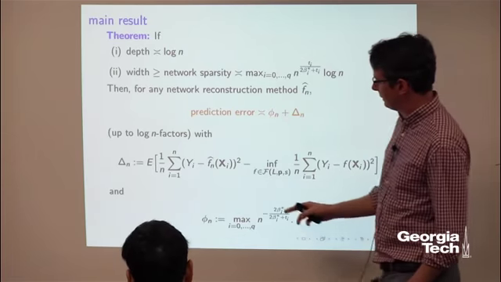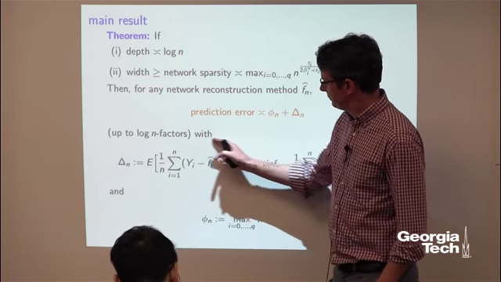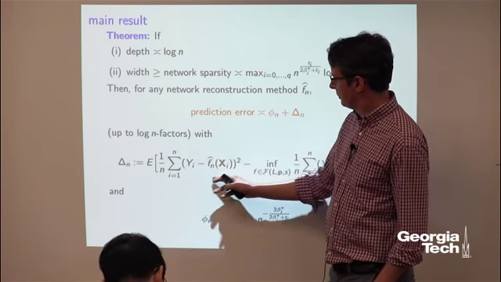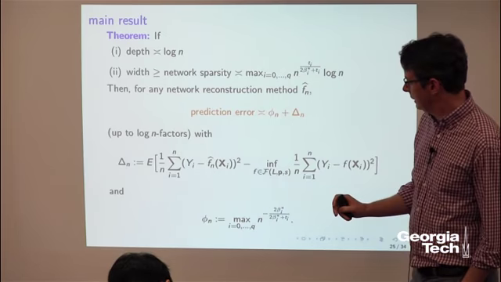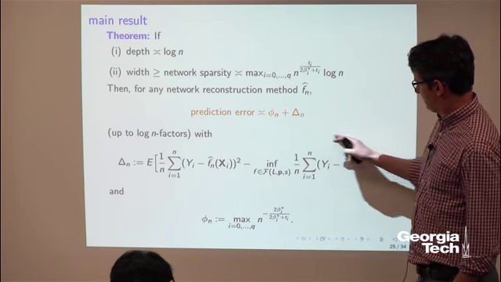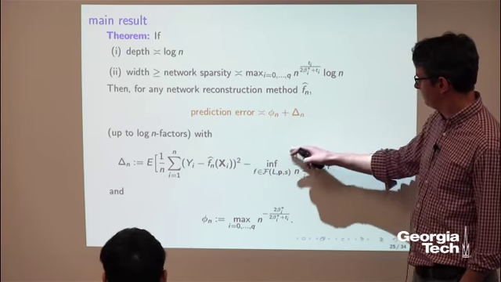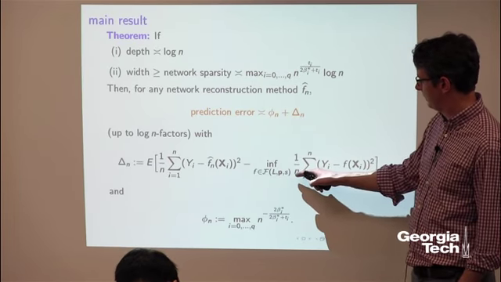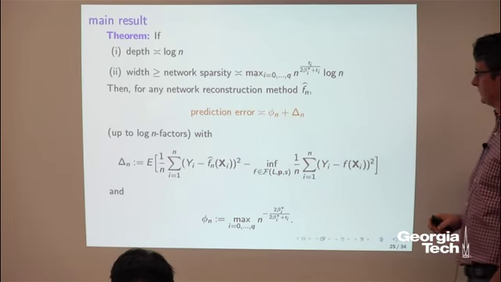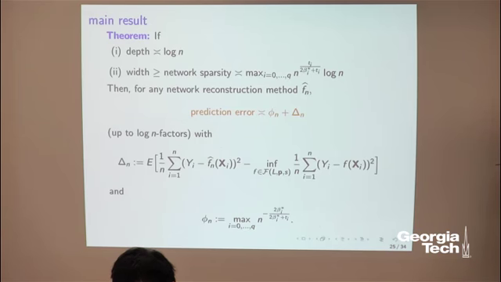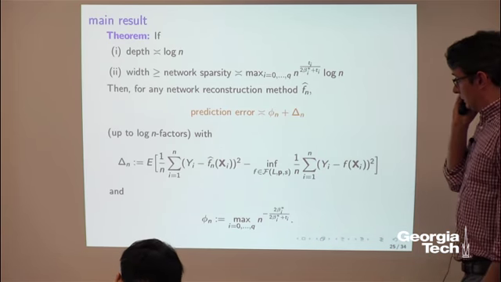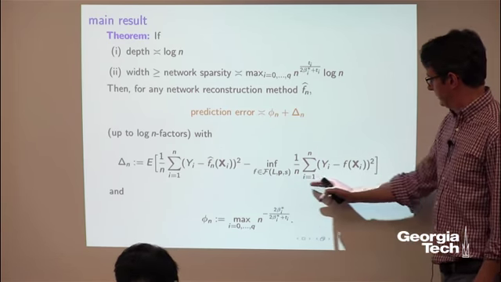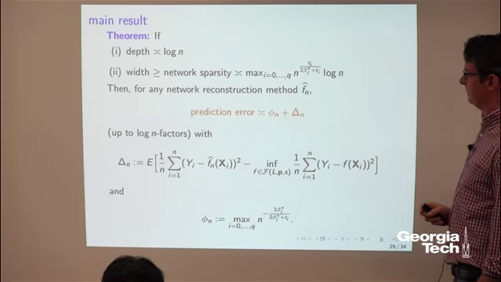Typically, if you do gradient descent methods, you want to make that as small as possible. And this object is the smallest empirical loss that you can have over all networks in the class. So that's the loss that corresponds to the global minimum.